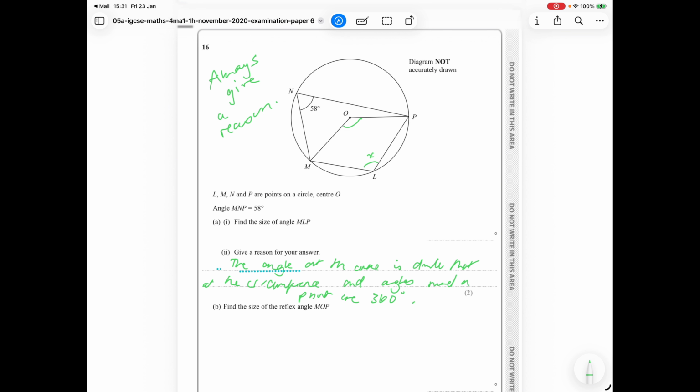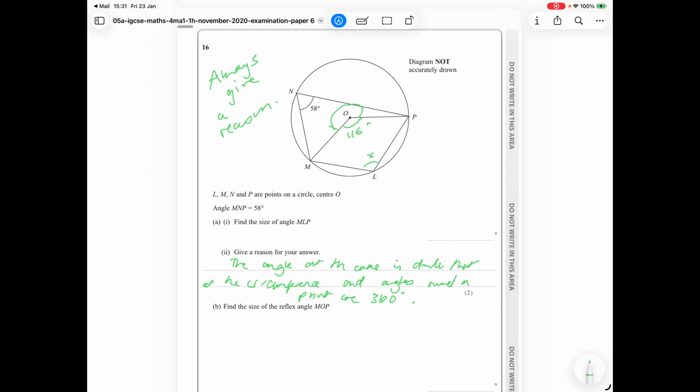So that's the reasoning I'm giving for this. So that means 58 times 2 is 116. And then we're doing the opposite, so 360 minus 116, which is 244.